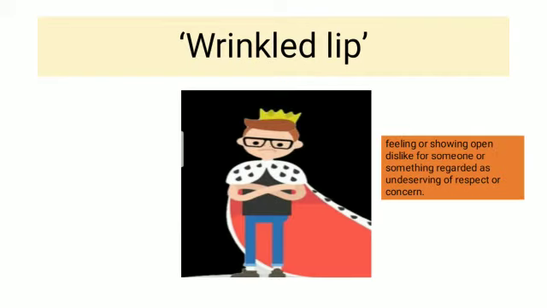Wrinkled lip: feeling or showing open dislike for someone or something regarded as undeserving of respect or concern, as if regarding that it does not deserve any kind of respect or concern. Means being a bit proud, yes, arrogant.